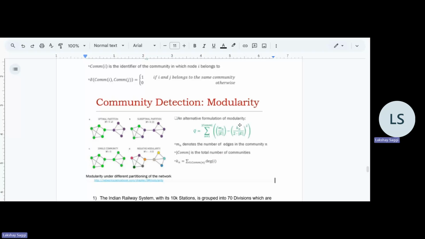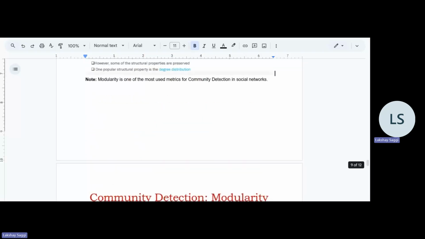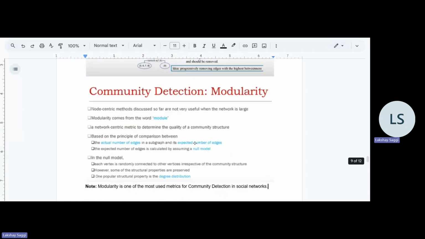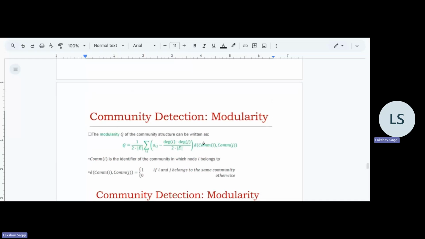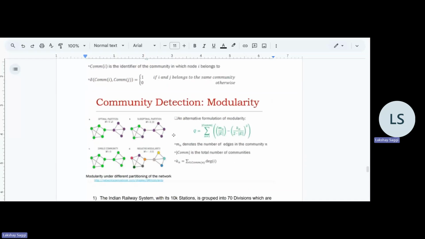This kn term involves both of these things, whereas this mn term just involves the number of edges which belong inside a community. So if you apply either formulation to any graph, the value of modularity will come out the same.